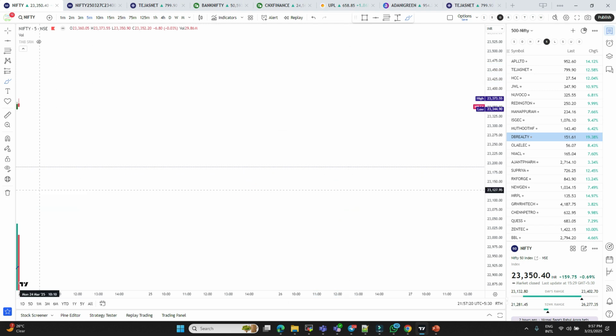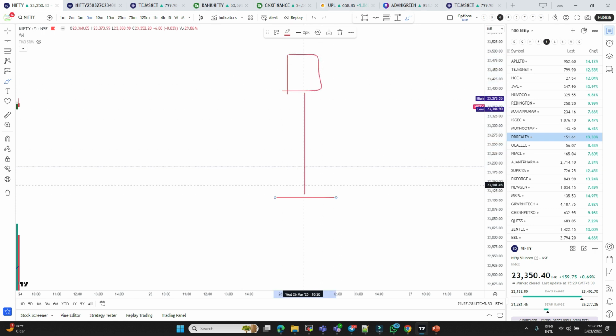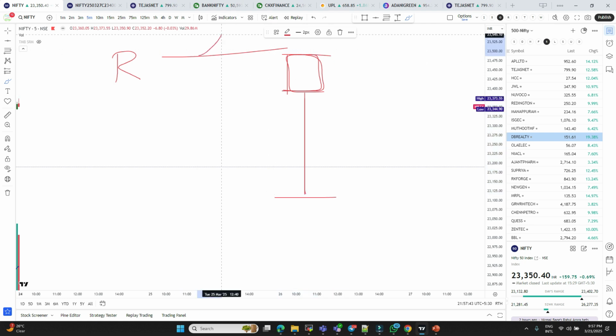In the opposite case, if you see a candle like this at the resistance, the top-level resistance, what people usually think is that buyers are dominating and there is a probability of breakout. That is not the meaning.